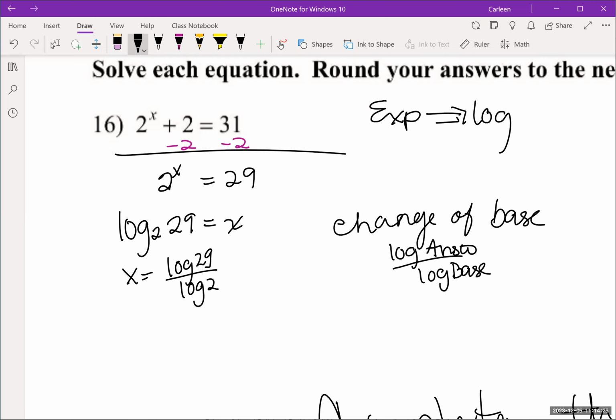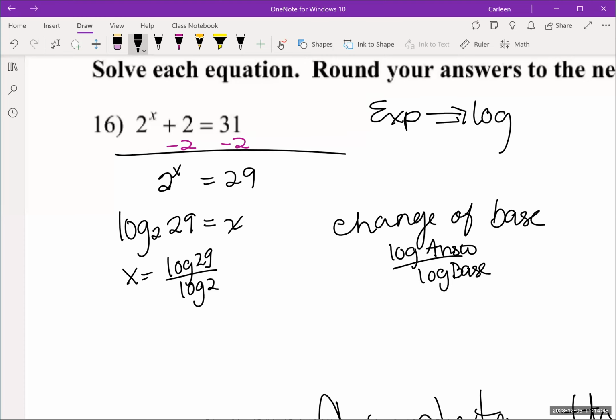Now, when you use change of base formula, you can use any log you want. I don't see any itty bitty little number. I used log base 10, and we can talk about what that means, because I like 10.